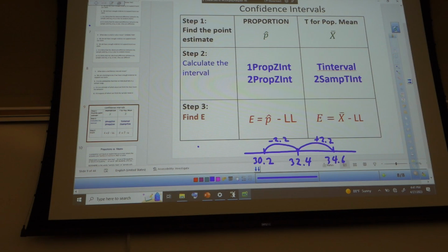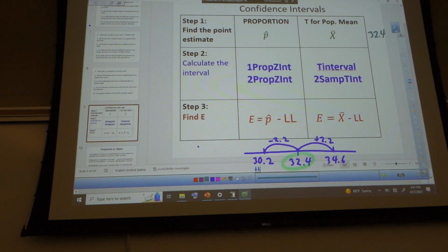Do you folks have it already? Yeah. Okay, what is it? 32.1. Yeah, it's the number in the middle. That's the best point estimate, the number in the middle. Your p hat or your x bar.